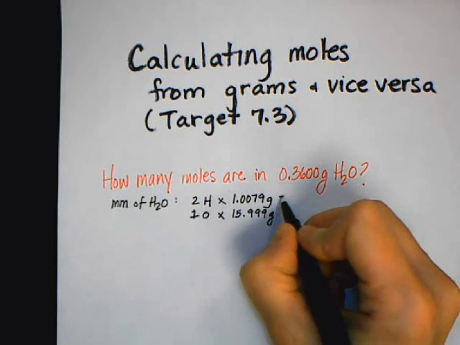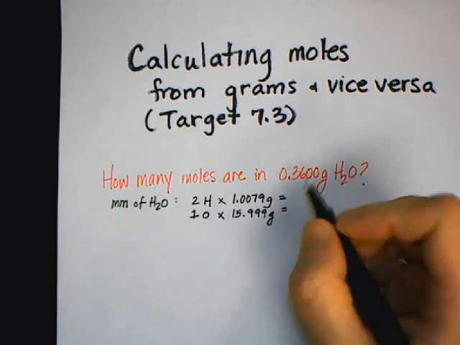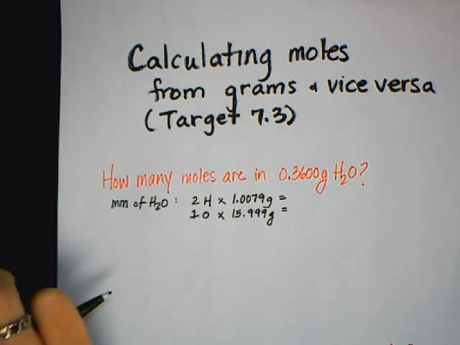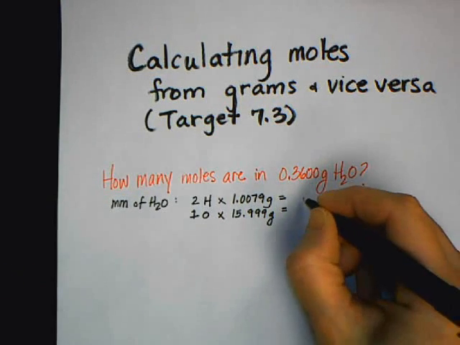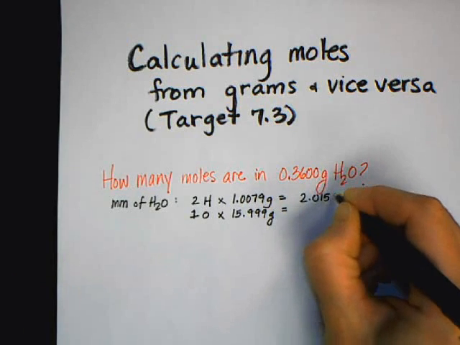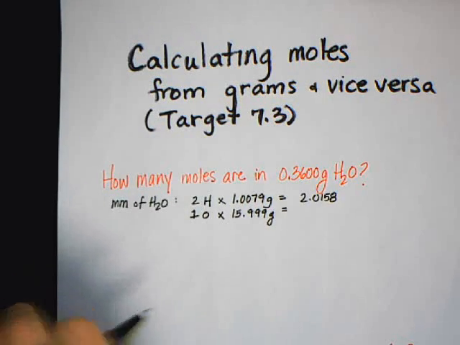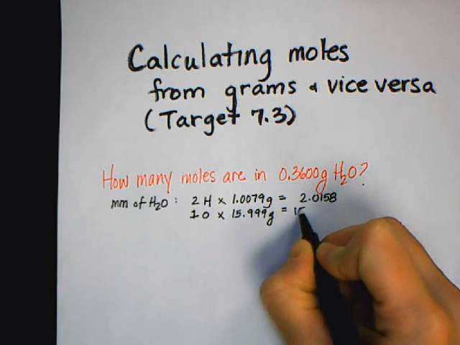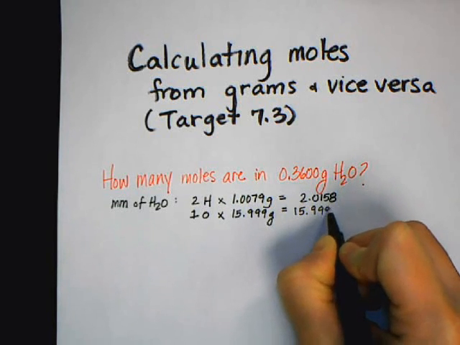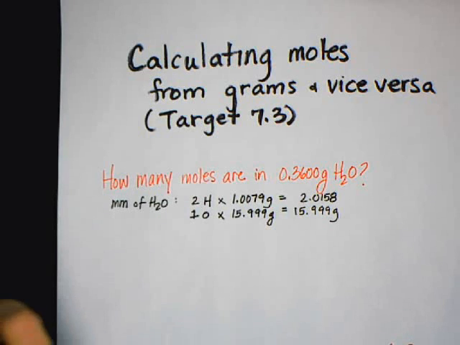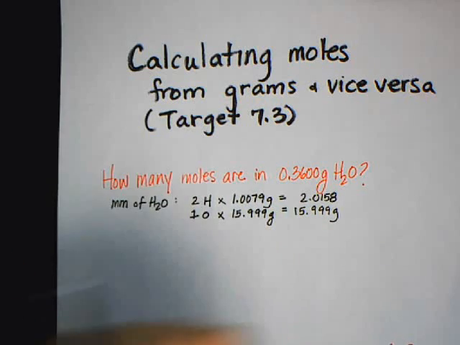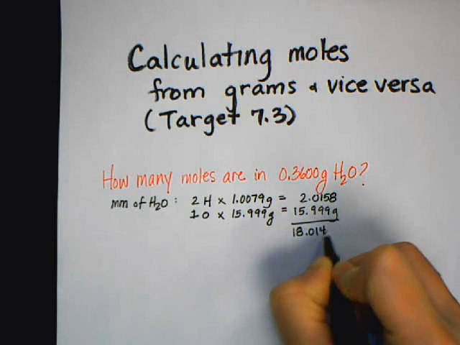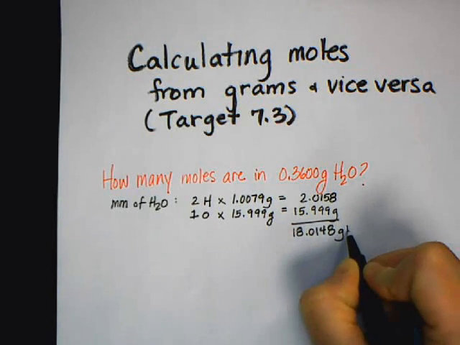So to find the molar mass, we're going to take 2 times 1.0079, which is 2.0158, plus 1 times 15.999, and you add those together and you get the molar mass for water, which is 18.0148 grams of water per 1 mole of water.